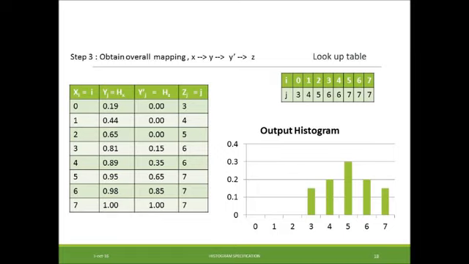Now let's see the second row. Here i equal to 1 and Hx value is 0.44. Now we have to find a value in Hz which is closer to 0.44.